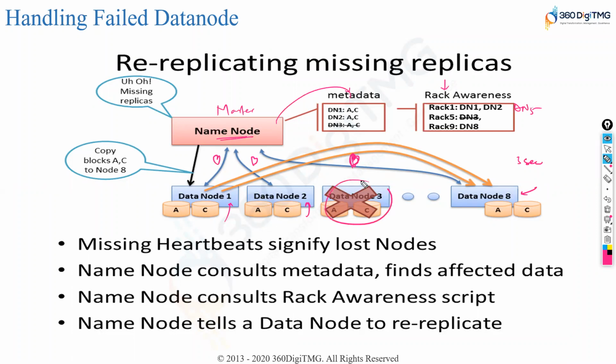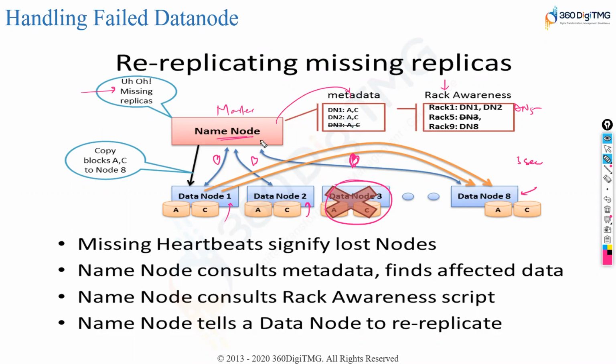Now this data node 3 did not send a heartbeat. It might be crashed out, so it did not send heartbeat to name node, right? So when your name node does not receive this heartbeat signal, it will understand that the node is down. There's a missing replica.